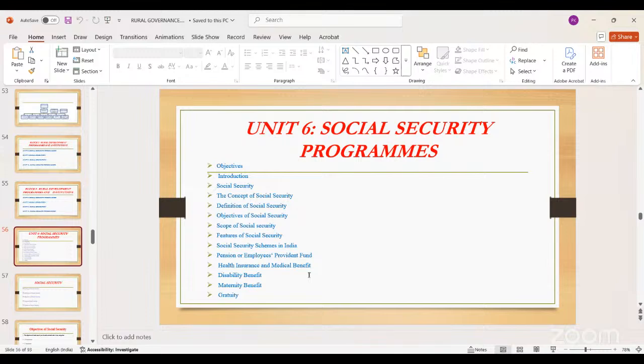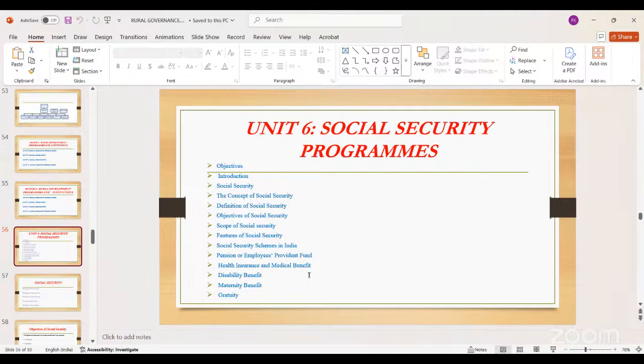Okay. So we'll go to the constitutional landscape of our country. India is a welfare state, and this concept of welfare state has been constitutionally declared through the directive principles of state policy in our constitution.